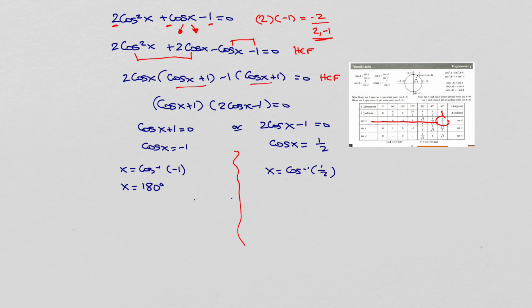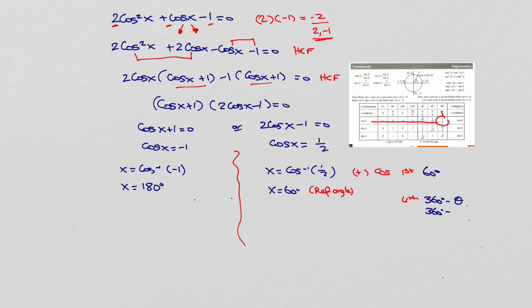However, the ratio is positive, and we know that cos is positive in the first quadrant and in the fourth quadrant. So therefore, my reference angle is 60 degrees. So again, we're always using our reference angle to find all other possible solutions. In the first quadrant, the answer is 60, and in the fourth quadrant, my rule is 360 minus theta.